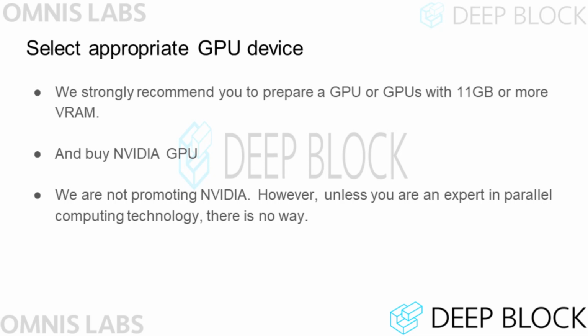Therefore, in order to study or utilize deep learning technology, you have no choice but to purchase a GPU device from NVIDIA that supports CUDA. However, we recommend that you purchase a GeForce 30 series graphics card, not graphics cards for rendering like NVIDIA Quadro.